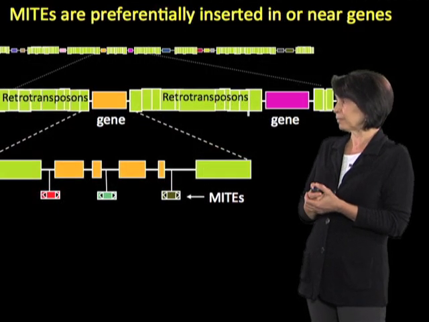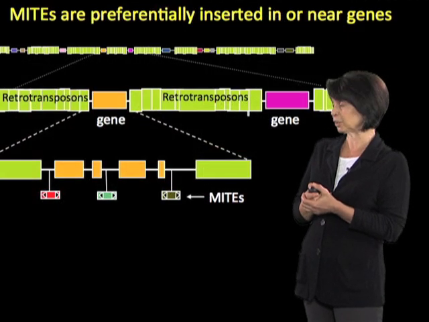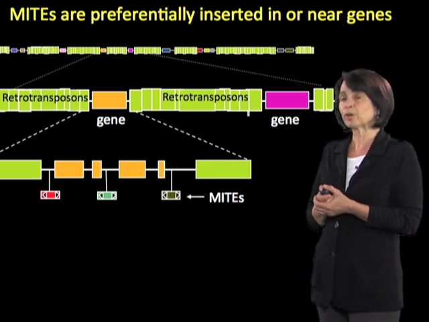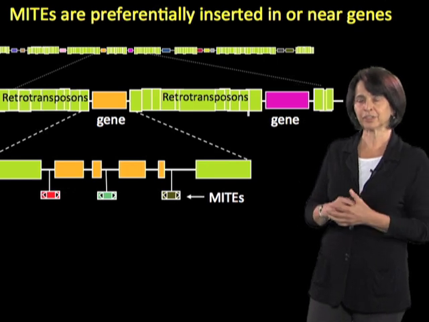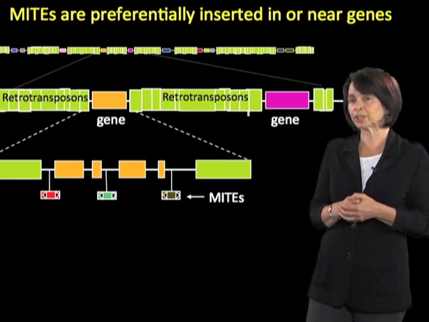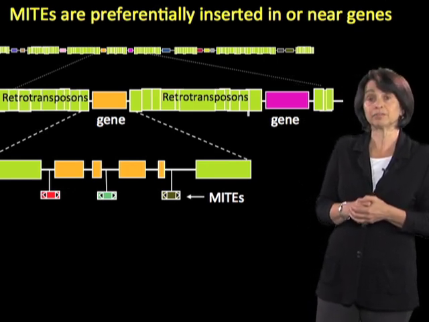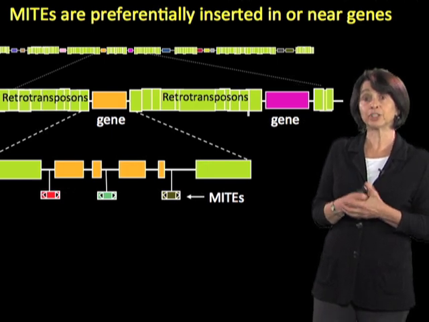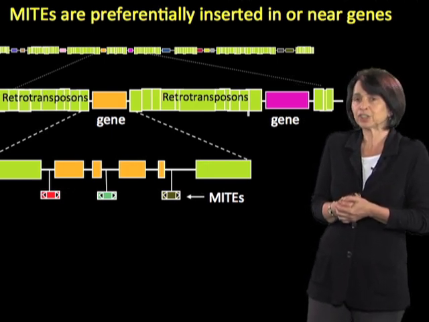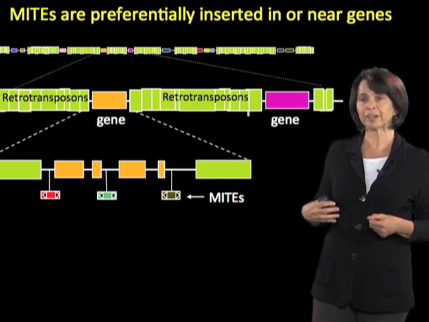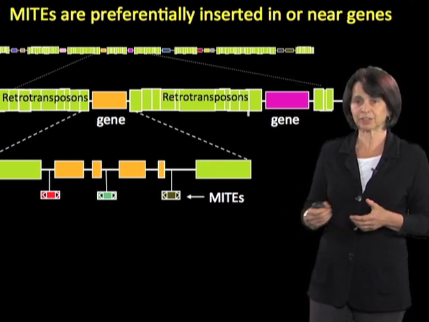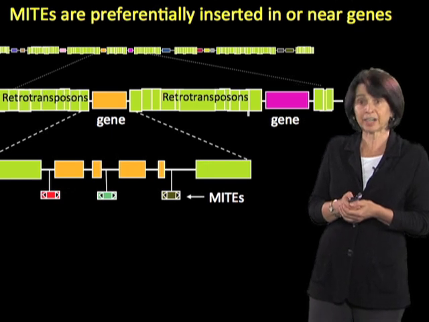So the other thing about mites that's really relevant is that they are preferentially in genic regions. Now remember, again from the first talk, we said that a very small percentage of the genomes of plants are genic. So it may just be 10 or 20% are where genes are, but mites preferentially go into genic regions. And we'll talk a little bit later about that preference.